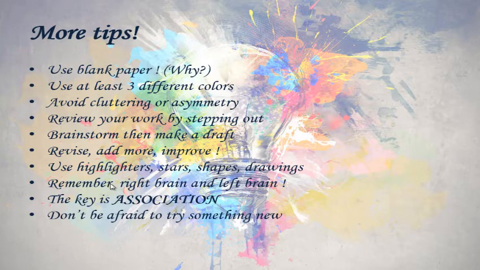So you want to combine those two to access all of your brain. And as I've stressed on this point way too much, which is association, always remember that you're trying to associate different areas of your brain. And the final most important advice is that you don't be afraid to try something new. Let out your full potential and be as creative as you can be.